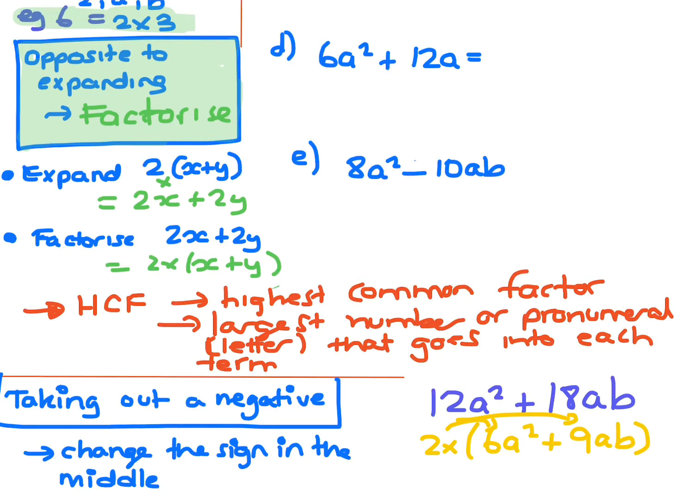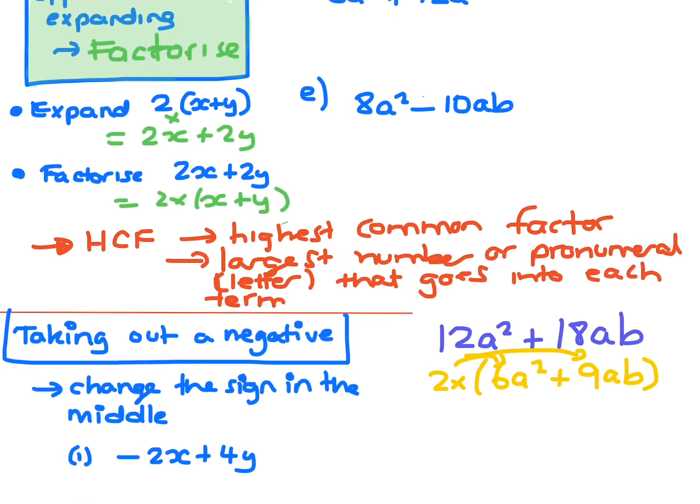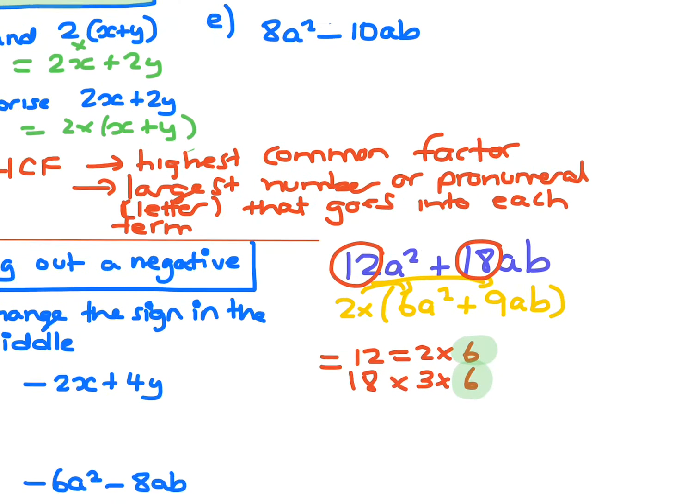But you have not taken out the highest thing that goes into both of them. The highest common factor is in fact 6, because 12 is the same as 2 times 6, and 18 is the same as 3 times 6. So the highest thing that is common to both of these is 6.